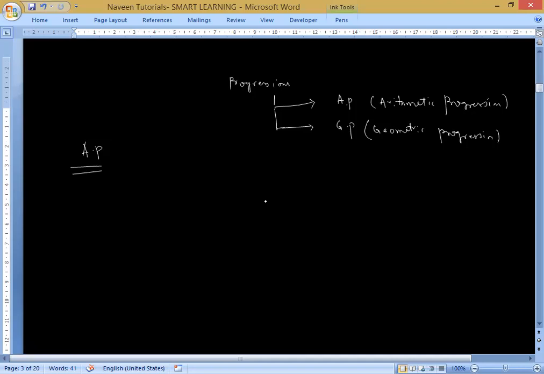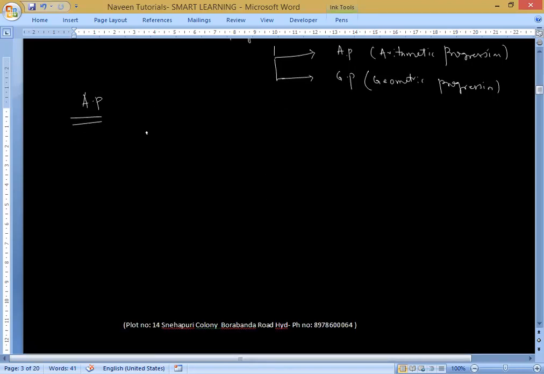Suppose a series is given: 1, 3, 5, 7, and so on, a series of an AP. Always you have to consider the first term as A1 and the second term as A2.